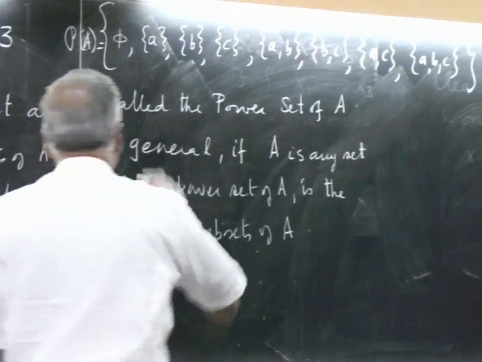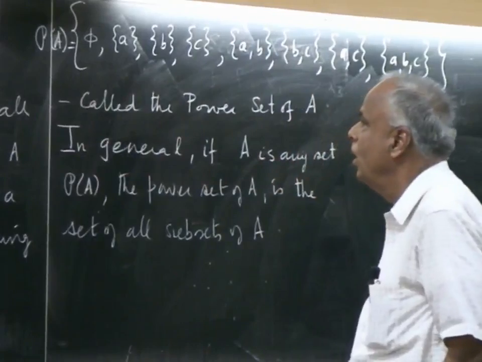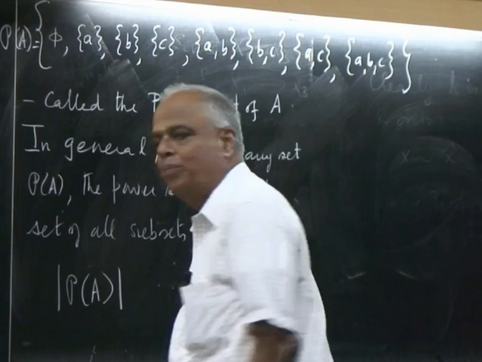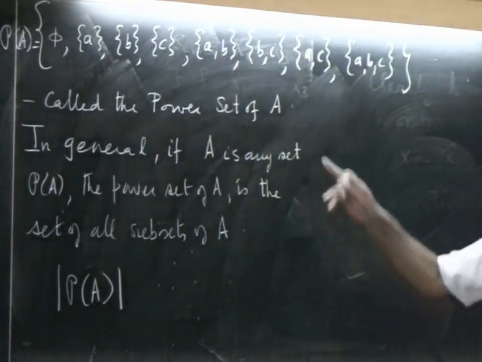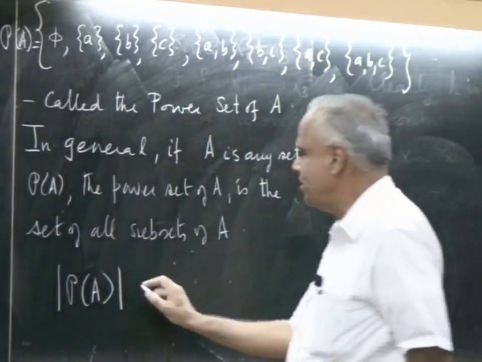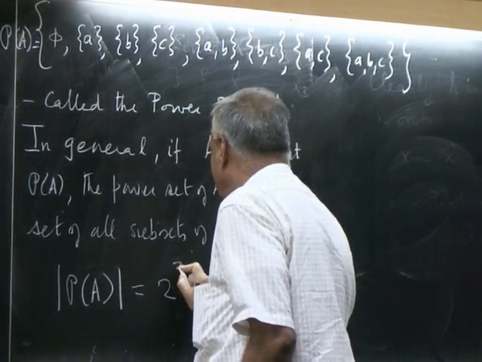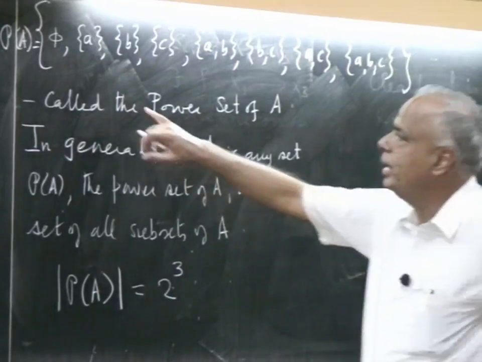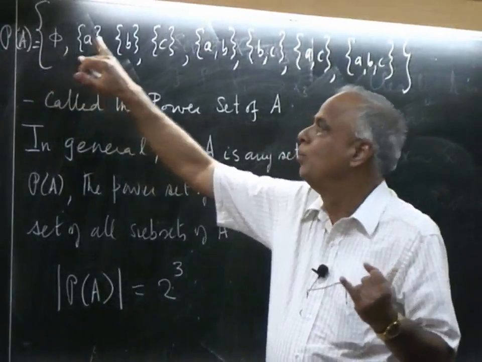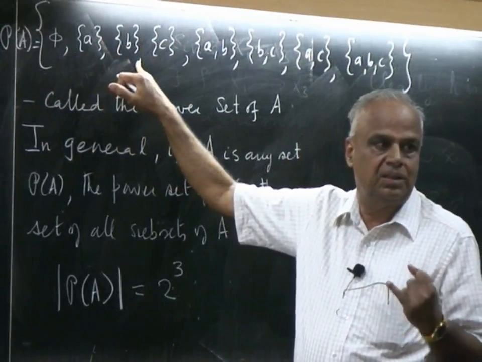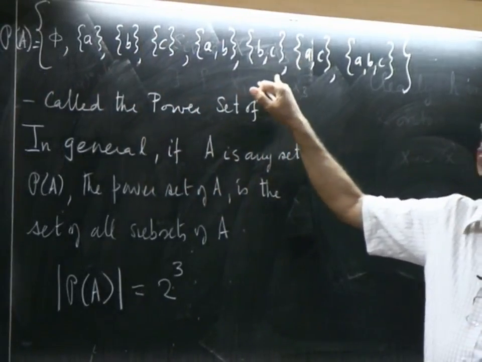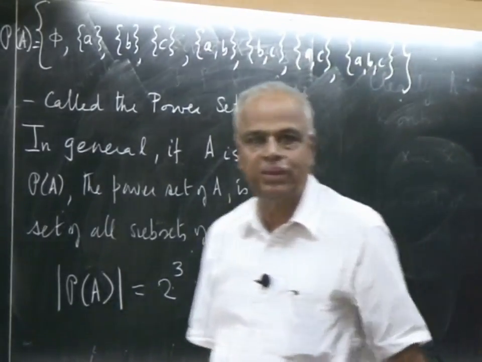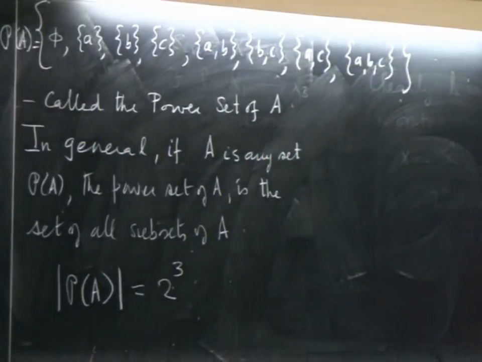Okay. Let us go back to this example. What is the size of P(A), or the so-called cardinality of P(A)? It has 8 elements, it's again a finite set. I will write it as 2 cubed. Okay, it is 1 zero-element set, 3 one-element sets, so 3C1 plus 3C2 plus 3C3, which is (1 plus 1) to the power of 3 by the binomial theorem. So it is 2 to the power of 3.